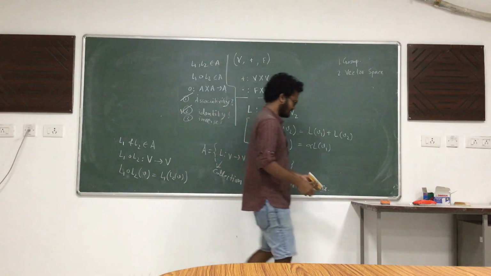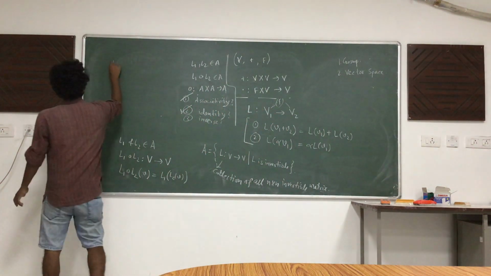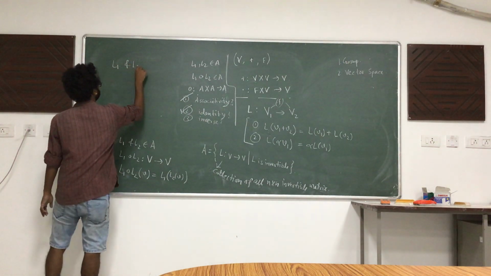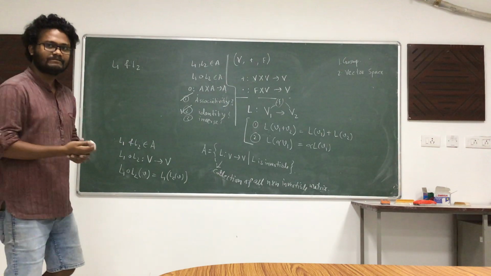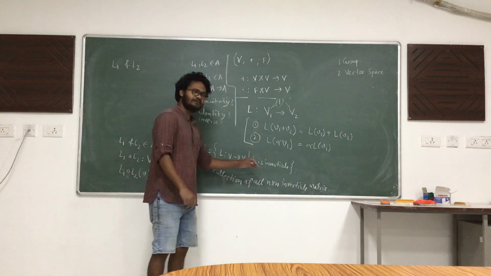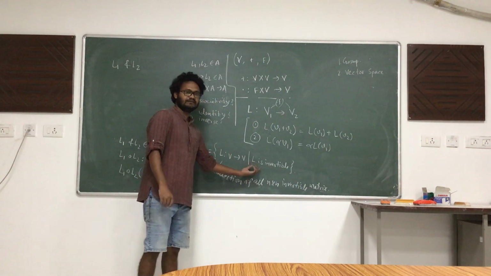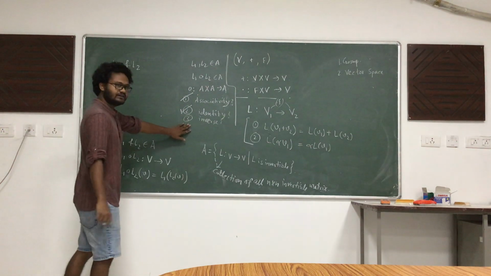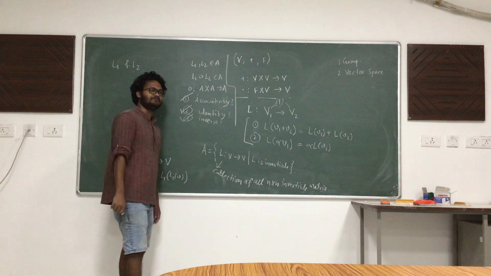Since the mapping is bijective, it is already said that it is invertible. So that means there is an inverse that exists. So inverse is already there because it's the defining criteria of the set.